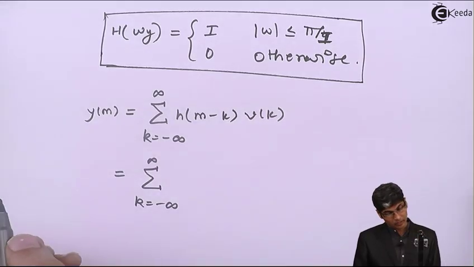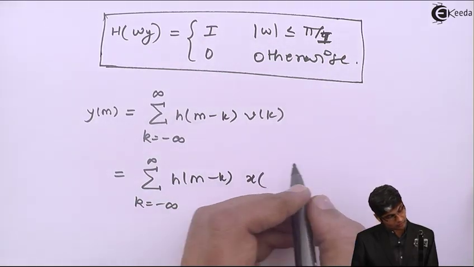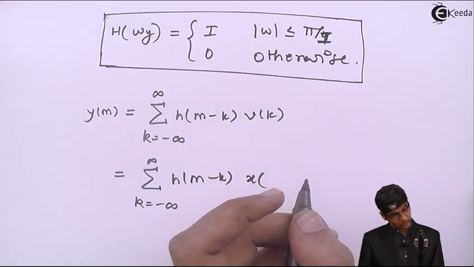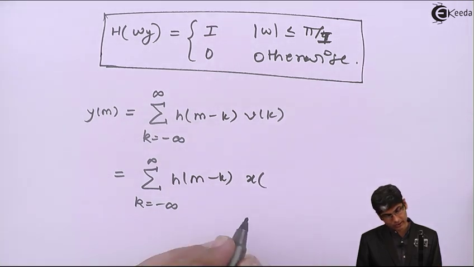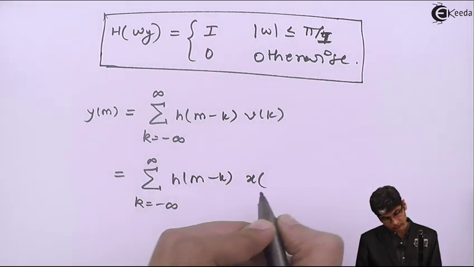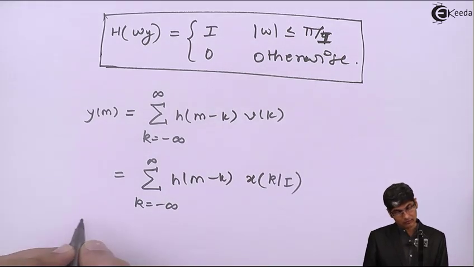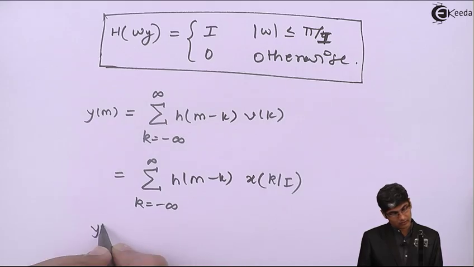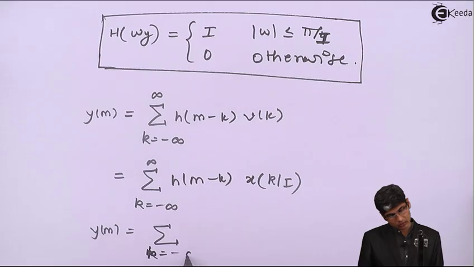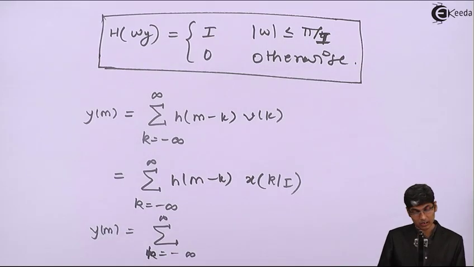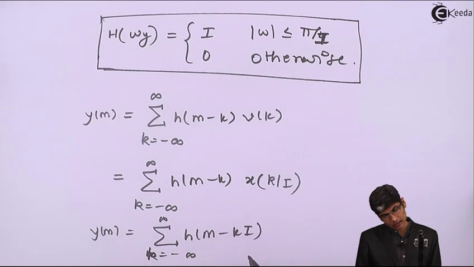I can write it as h of m minus k into x of k by I, you can write, that's not a problem. I'll write in terms of m by I, so k by I factors. Okay, and then if you replace it, change of variable, the convolution will convert into, k goes from, let's say, putting the same variable, k equals k. I am now going to get h of m minus kI into x of k.